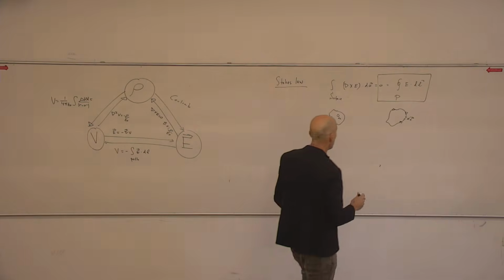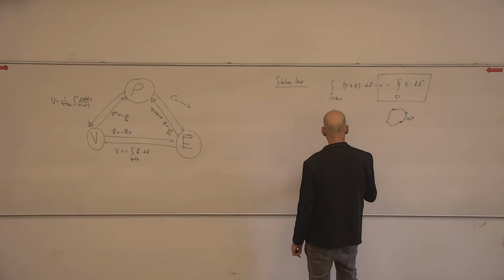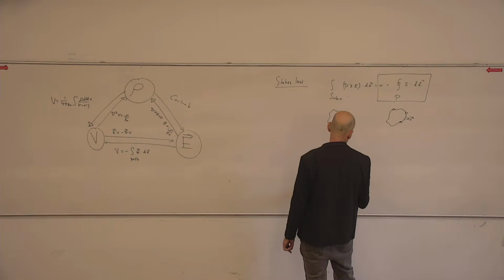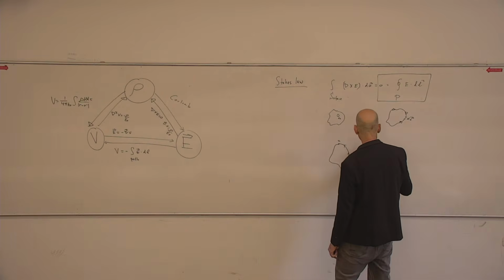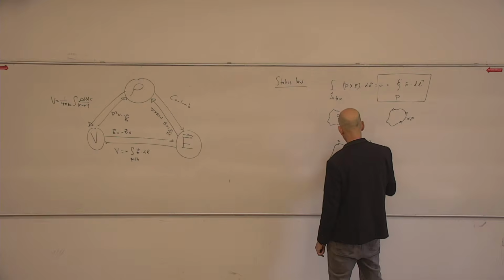Because what does it mean physically if I have some path, and I have a point 1 and I have a point 2 along the path? So the integral from here to here, the line integral, E dl, from 1 to 2, when I'm going up, let's call this path 1 to 2.